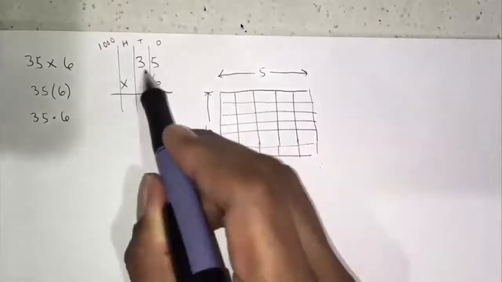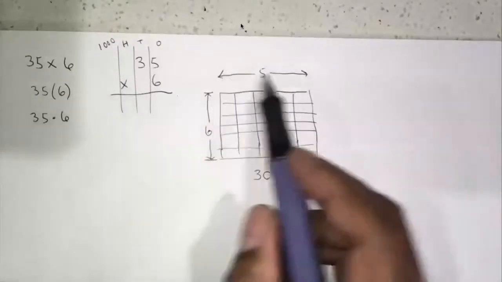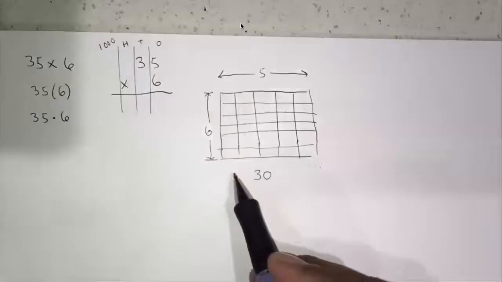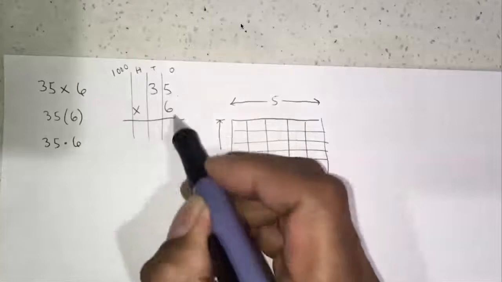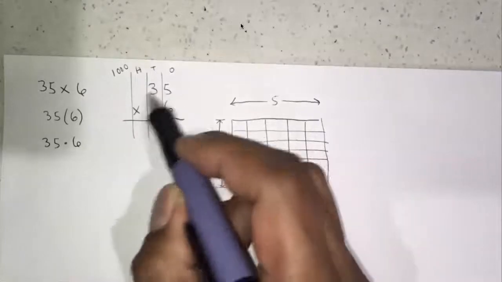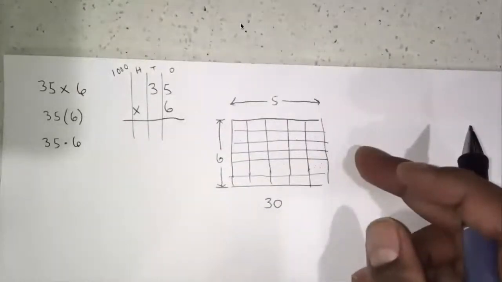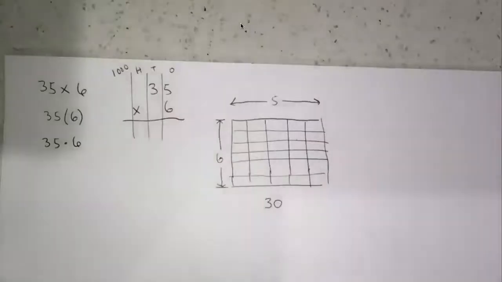So how would I represent 35? I would have to go 35 columns by 6 and then add all of them up. So by us doing the regrouping and doing this, we are speeding up our process of multiplication.